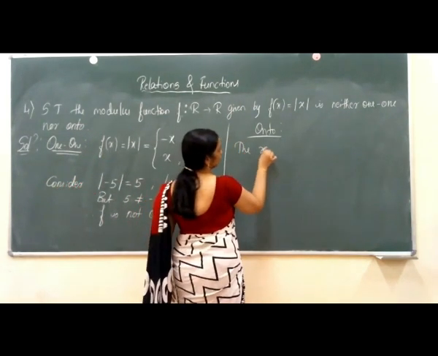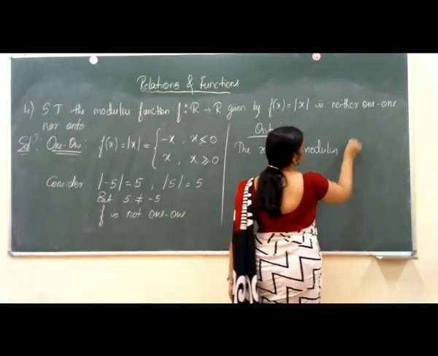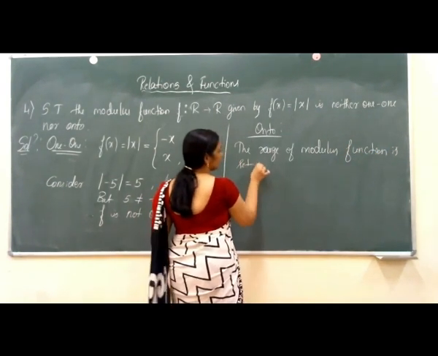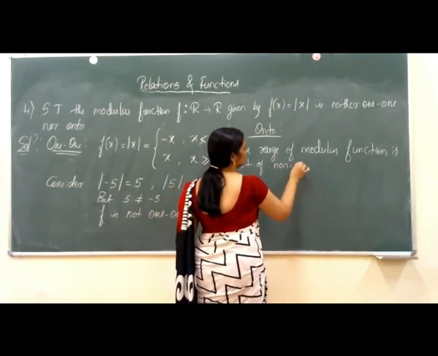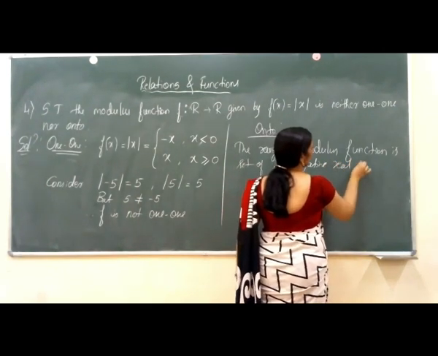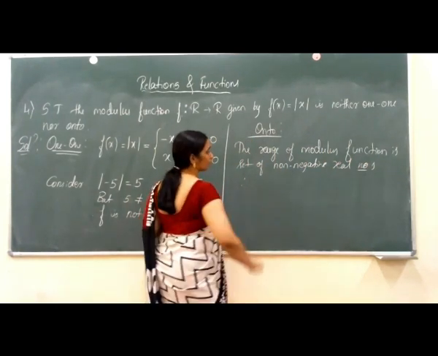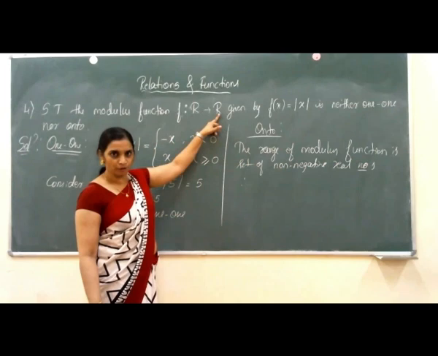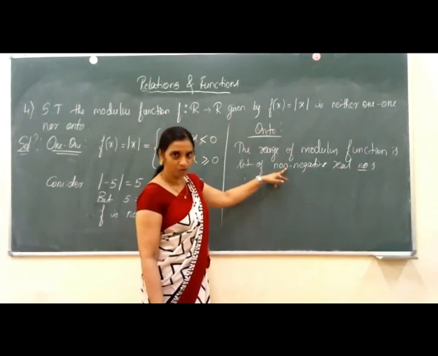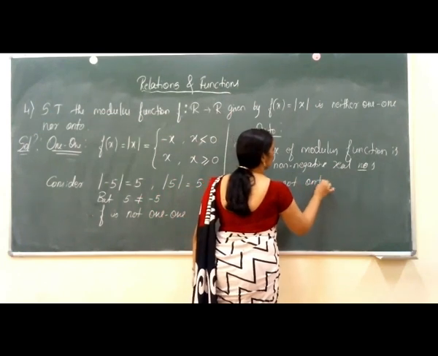The range of the modulus function is the set of all non-negative real numbers. Therefore, what happens here? Codomain is the set of reals, but the range is non-negative real numbers. Clearly, both are not equal. Therefore, f is not onto.